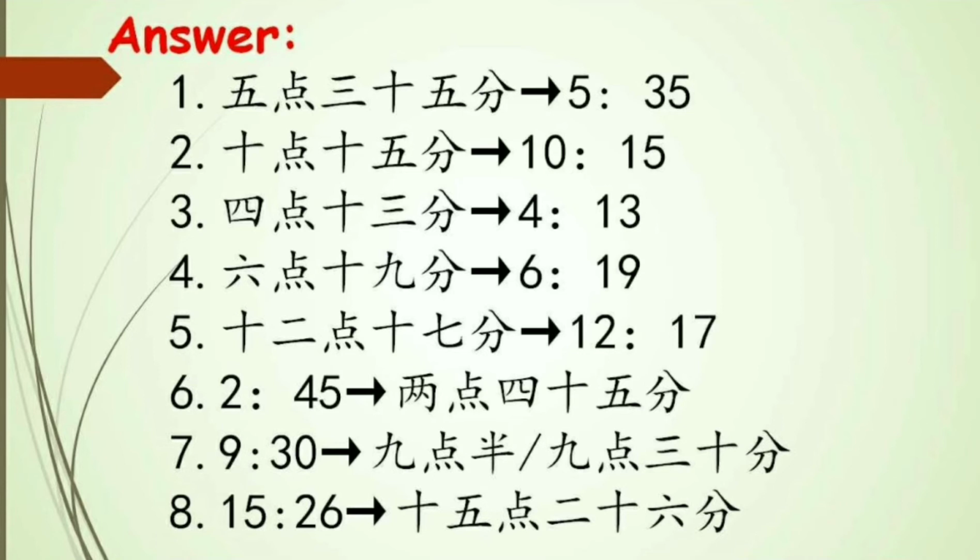Number 3, 4点13分, 4 o'clock 13 minutes. Number 4, 6点19分, 6 o'clock 19 minutes. 12点17分, 12 o'clock 17 minutes. 2点45分, 2 o'clock 45 minutes.